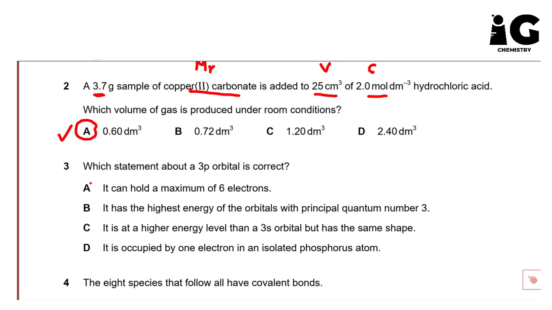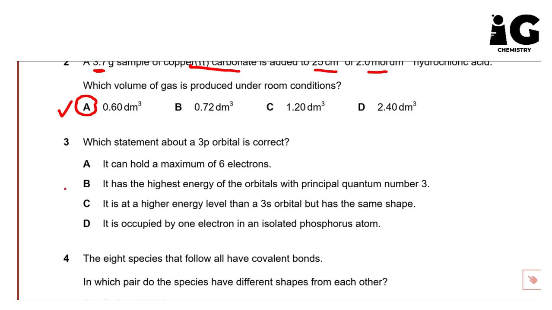Number 3, which statement about a 3p orbital is correct? You know, guys, 3p orbital. We have the principal quantum number, which is n equals 3. This n has 3 subshells, which are 3s, 3p, and 3d.